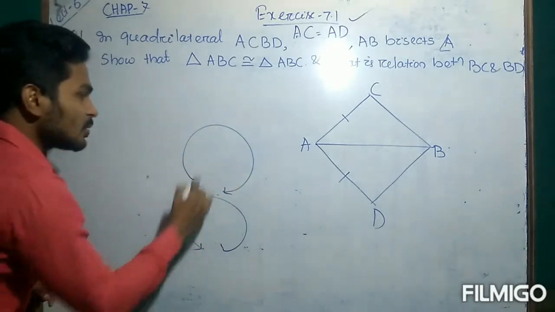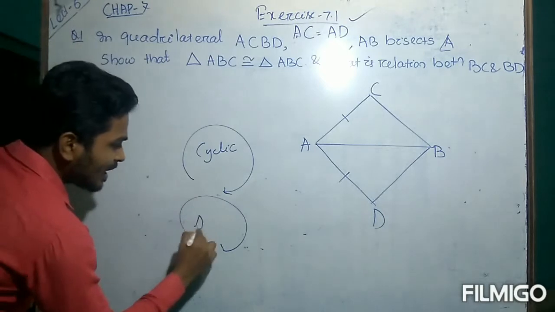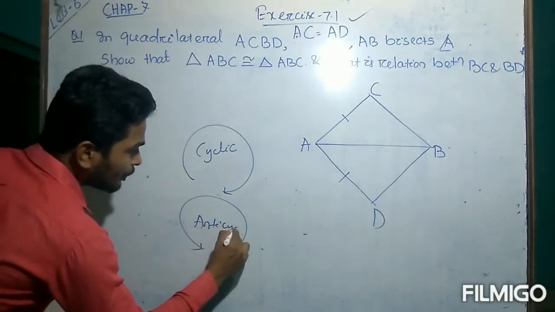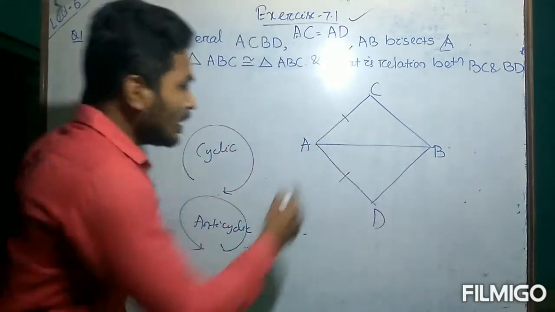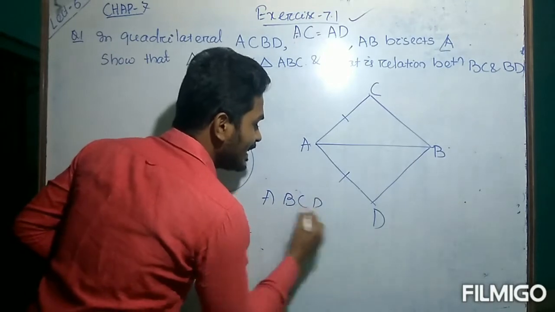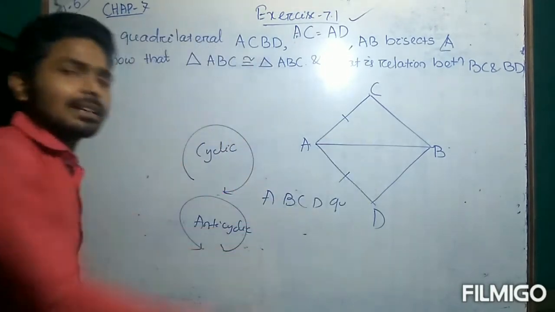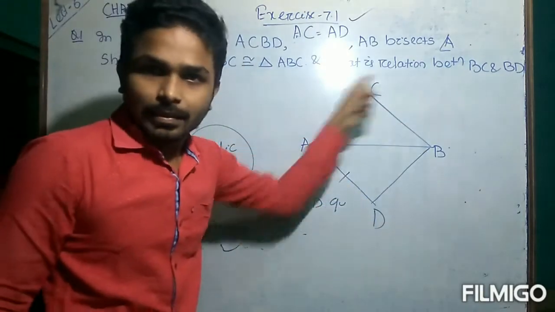This direction is known as cyclic order and this direction is known as anti-cyclic order. Do not name it haphazardly. Don't call this ABCD quadrilateral. No, it is incorrect. You have to name them cyclically.